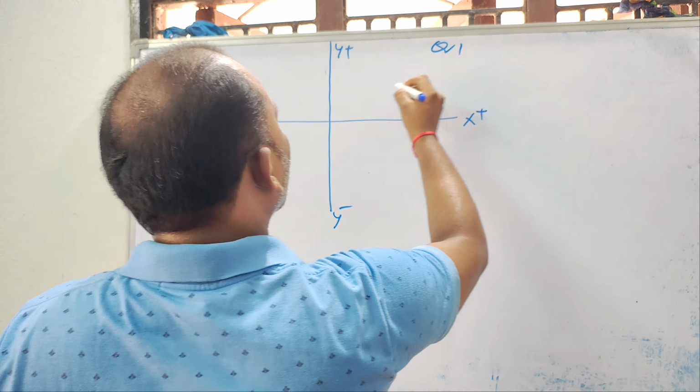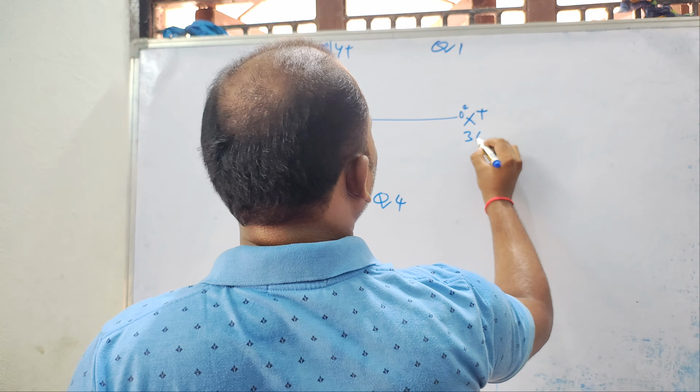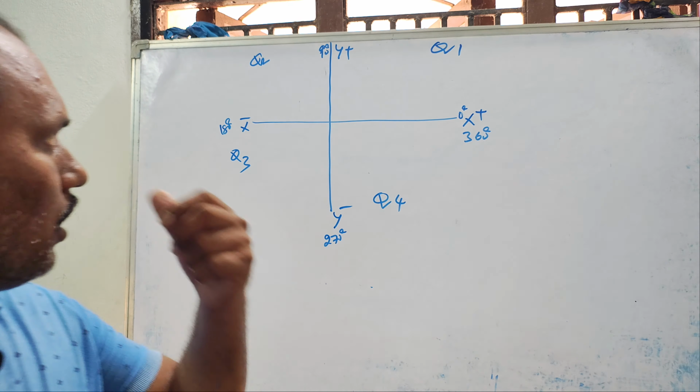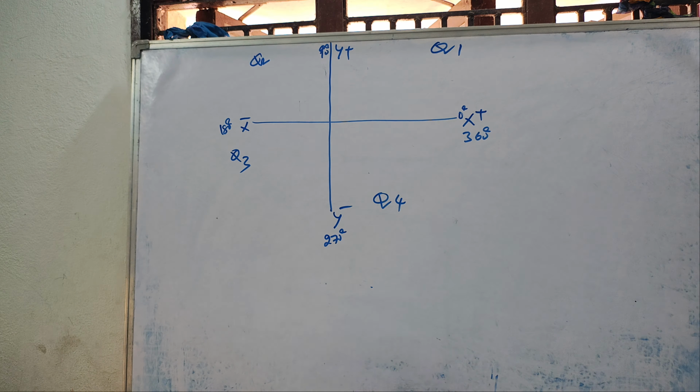Let's see, how many degrees is this? 0 degrees, 90 degrees, 180 degrees, 270 degrees, 360 degrees. So we have four quadrants, and I put the values 0, 90, 180, 270 and 360 degrees. Here I am below 90.